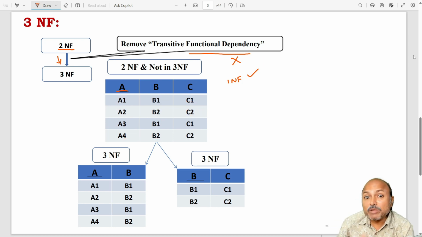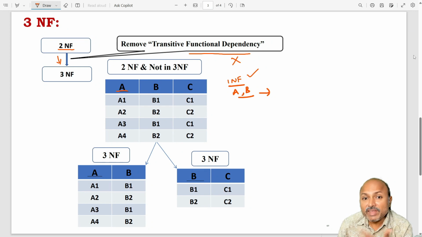In this table, each cell has an atomic value, which means this table is already in first normal form. Then it must be free from partial functional dependency to be in second normal form. Partial functional dependency exists whenever the left side has two attributes, for example AB.